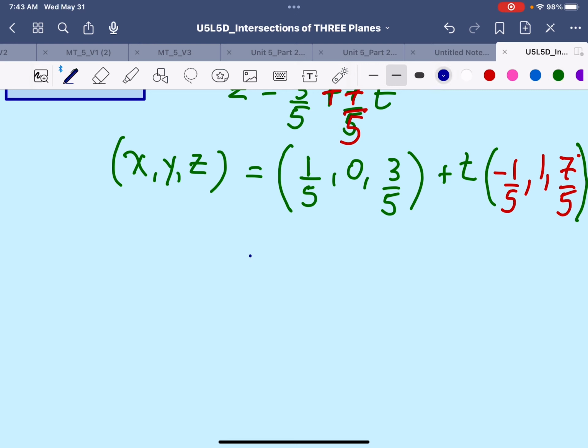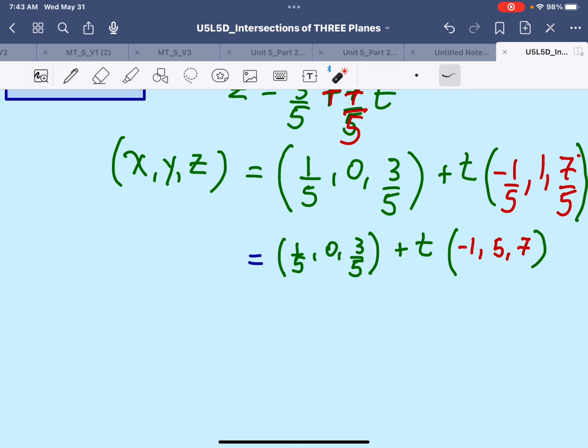Now, remember, though, that the coordinates of the starting point, so the 1 over 5, 0, and 3 over 5, will not change. But we can easily change the coordinates of the direction vector into, in this case, negative 1, positive 5, and positive 7 by simply multiplying every single term by 5.